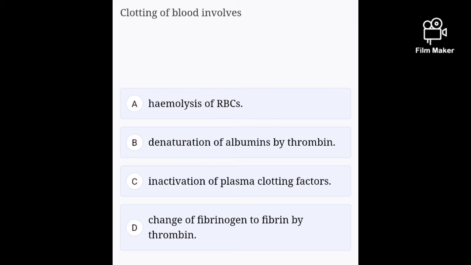Thrombin in turn catalyzes the conversion of the soluble protein fibrinogen present in the blood plasma to the insoluble fibrin. This fibrous protein forms a net over the wound that traps red blood cells and seals the wound. Calcium, vitamin K, and a variety of enzymes called factors are also necessary for efficient blood clotting. So, option D is the right answer for this question.